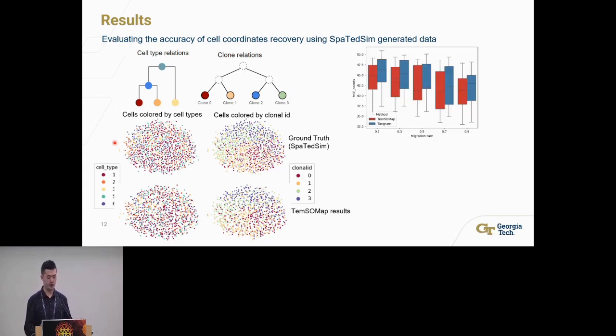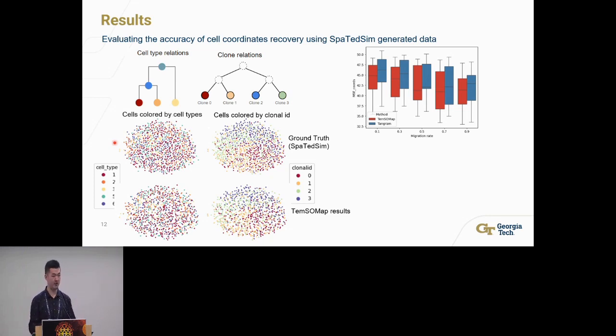In spot testing, we have a hyperparameter called migration rate, which controls how frequently cell migration happens during simulation. By tuning this parameter, we can control how much the 2D spatial clustering pattern is driven by either cell types or clonal IDs. To be more explicit, a higher migration rate corresponds to more cell migration happening, which is guided by the cell type.